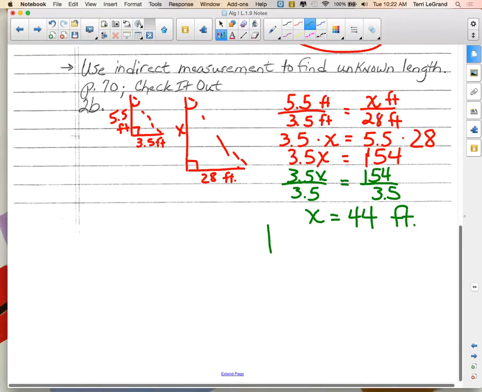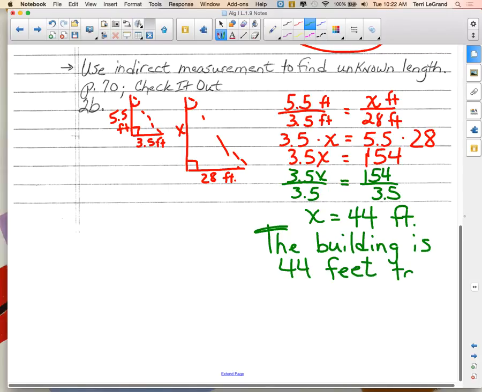So the building is, sentence, the building is, this is the capital T. There you go, write it down. The building is 44 feet tall. Does that seem reasonable? Because the woman was taller than her shadow, the building is higher than its shadow.